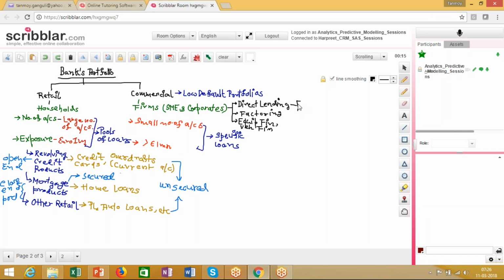One of the lending products that we talk about is essentially known as asset-backed loans or asset-based lending, ABLs, asset-backed loans, right?